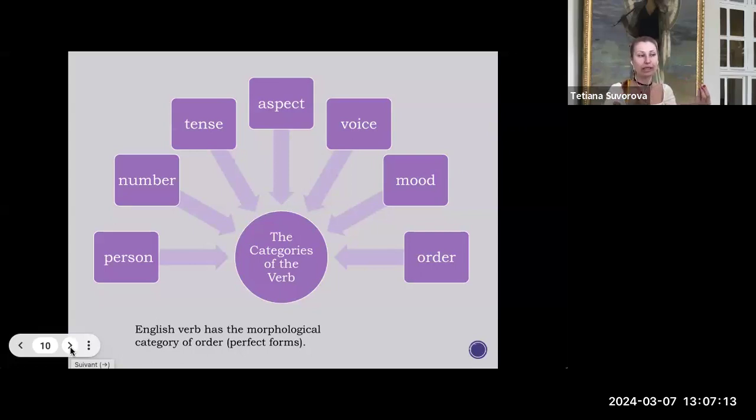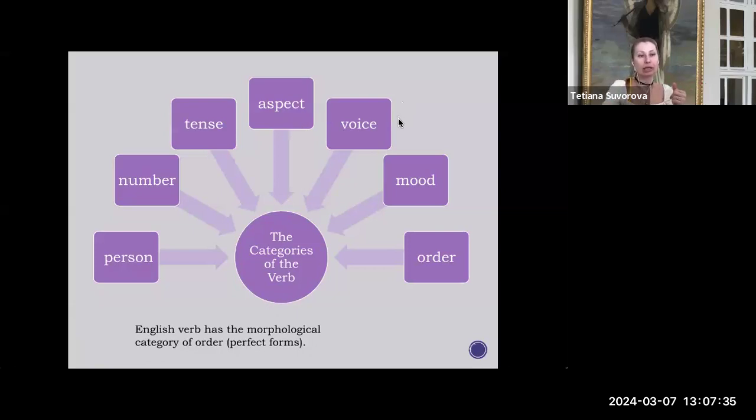With endings, we express also person, number, we express tense, of course, we express aspect, whether it is continuation, whether it is perfect action, whether it is indefinite action, or whether it is perfect continuous action. Well, and of course, voice: passive, active, or reflexive.